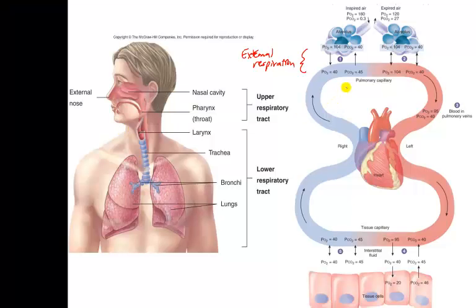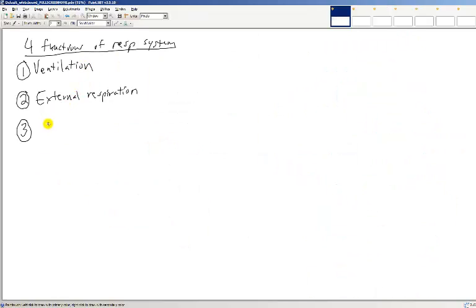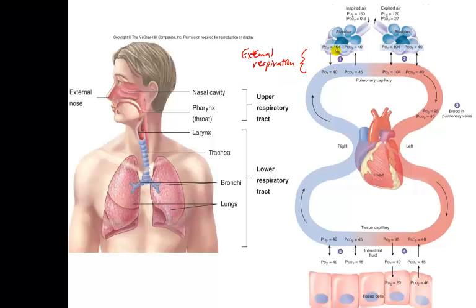So the first thing you have to do, after you do this exchange of the blood up in the lungs, is move that blood around the body to the tissues. So transport of O2 and CO2. Once you get oxygen in, you have to bring it to the tissues, and once you absorb CO2 from the tissues, you have to bring it to the lungs.